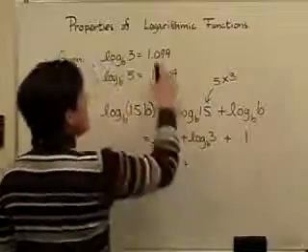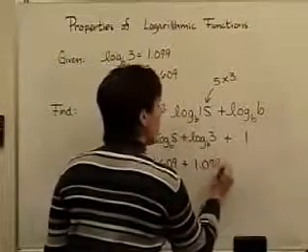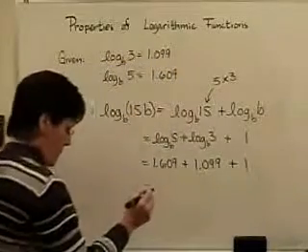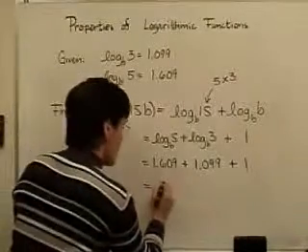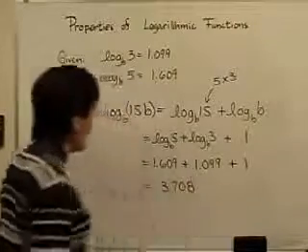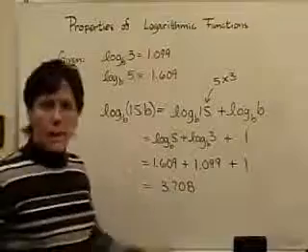I'll substitute. The log of 3, where the base is b, is 1.099. Then I add this 1, the log of b, where the base is b, and all of that adds up to be 3.708. And I was able to find the log of 15b, given this, and some properties.